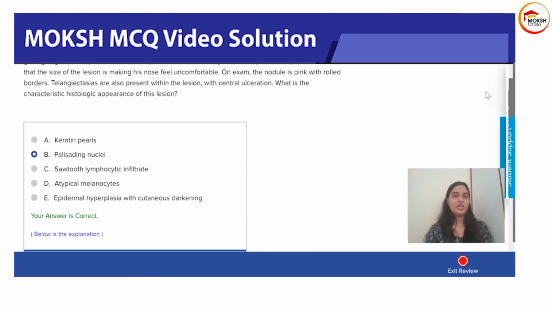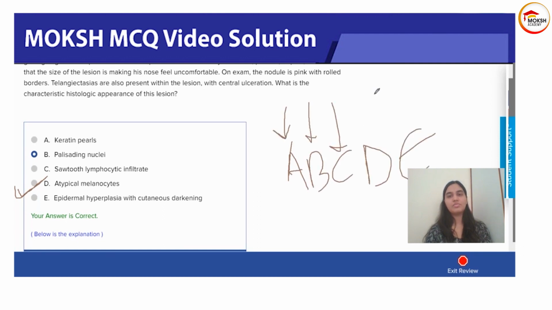Atypical melanocytes. This is seen in malignant melanoma, and the description of malignant melanoma will be your A, B, C, D, E, right? What is A, what is B, what is C in case of a malignant melanoma? It is not the description here, and so that is not the answer here.